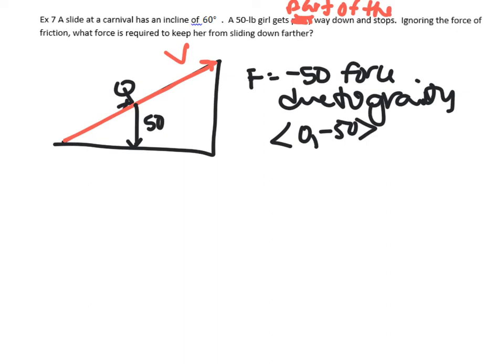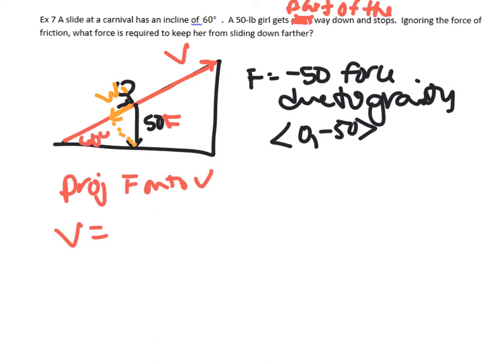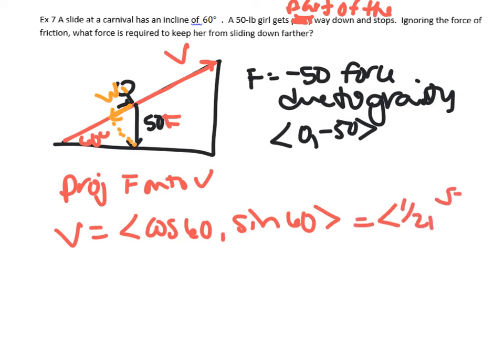So if I drop a perpendicular from that force vector onto here, I'm trying to find this vector right here, this W1, that it's going to take her not to slide down. To find the force required to keep her from sliding down, you're going to project the F, this is my force vector, onto V. The vector V, remember, is a 60-degree angle, so that vector is represented by cosine 60 degrees, sine 60 degrees, which is 1/2, square root of 3 over 2.